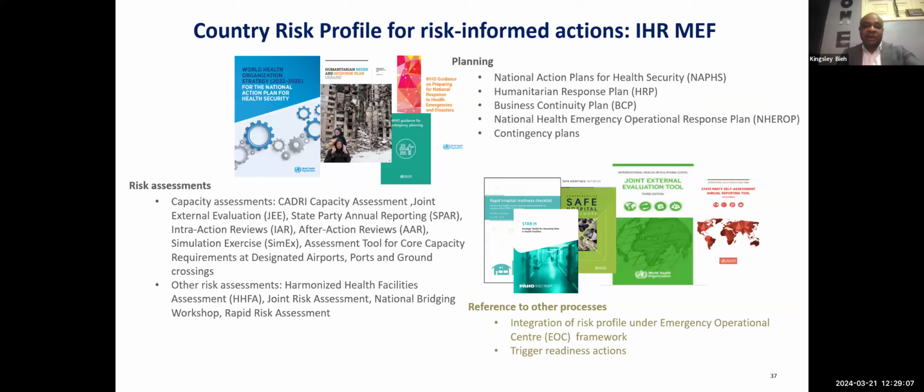So these risk assessment processes are interrelated and connected. The country risk profile can also be linked to the EOC framework, which we are already working on at the global level and even in some regions. This can help to trigger early warning actions, and I will explain that later in the presentation. Next slide.